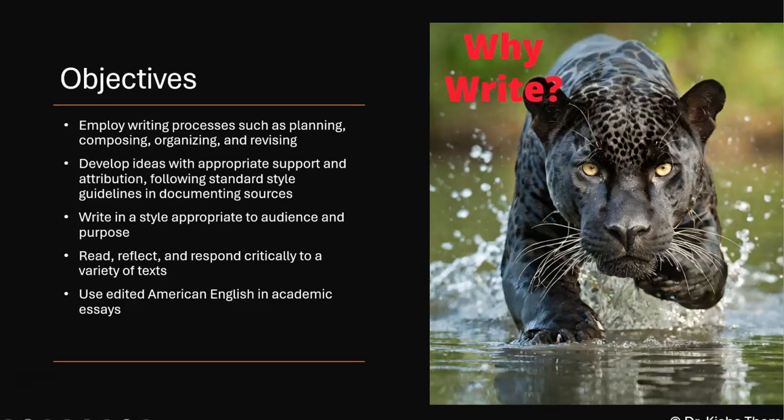We're going to look at how to develop ideas with appropriate support and attribution, following standard style guidelines and documented sources, which is basically MLA, writing a style appropriate to audience and purpose, and how reading, reflecting, and responding critically to a variety of texts increases your comprehension and also helps as you prepare to find sources and include sources within your paper. Also, using edited American English in academic essays.